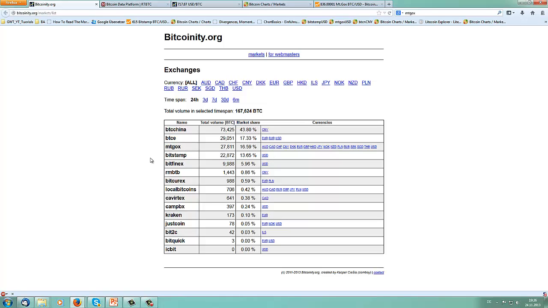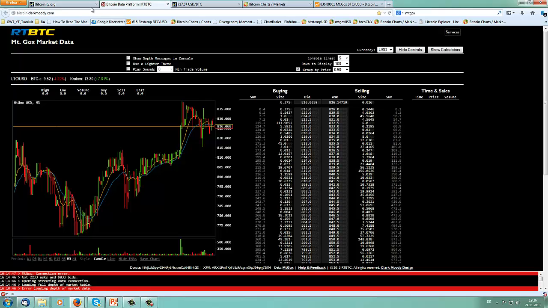So what are your options? One year ago, Mt. Gox was the only important exchange out there, and really everyone wanted to know what was going on at Mt. Gox. I think it also was the first site coming up.